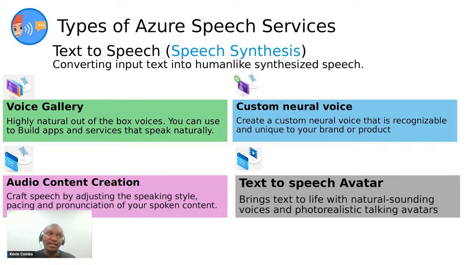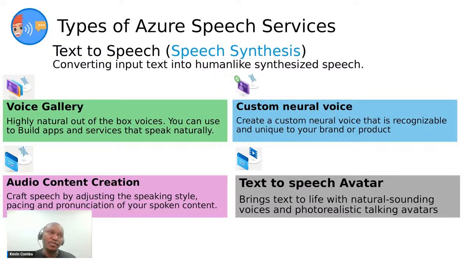There is a voice gallery, where it's like a small marketplace where you can choose your voice actor who is going to speak. And also you can train one. That is the essence of custom neural voice. You can train one to speak according to what you like, or you can tune it. That's the aspect of custom. We are also going to see how you can create content. I think you have seen on YouTube where instead of someone speaking, the AI or humanoid voice is speaking when the video is being played.